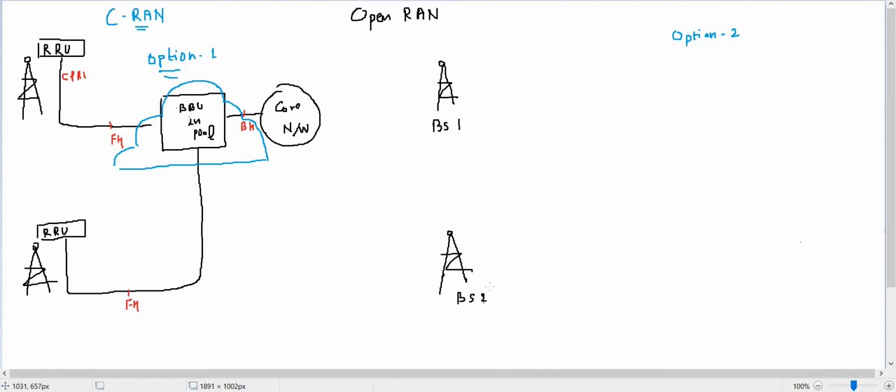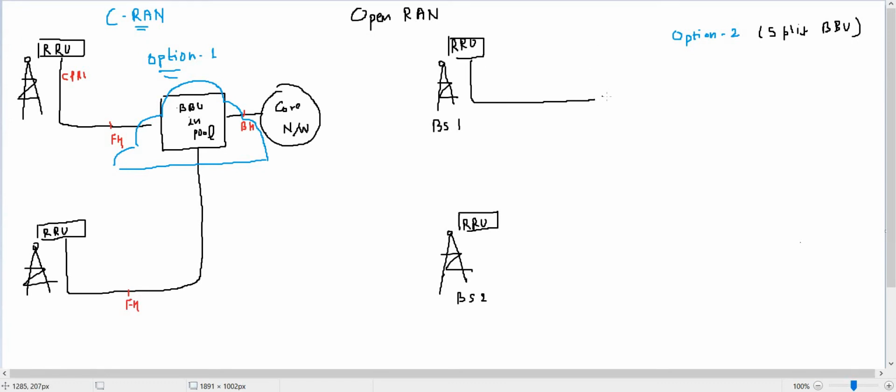This is the RRU of base station 1, and this is the RRU of base station 2. What's going to happen here is we are going to split the BBU. Just because of that, we also call it the split BBU option.